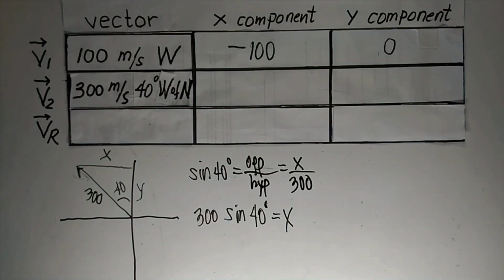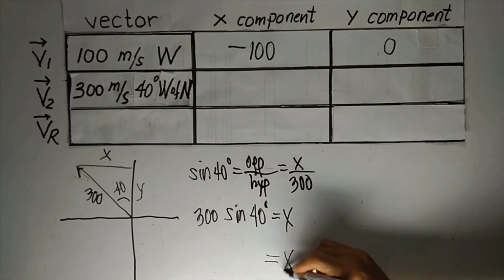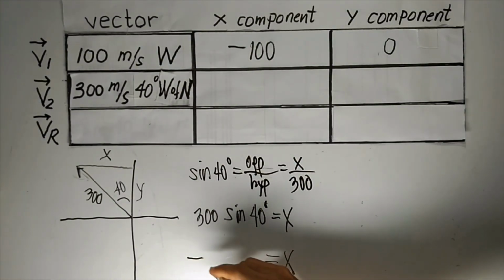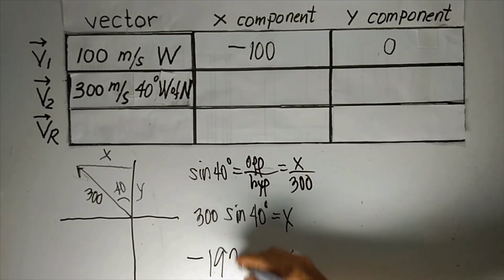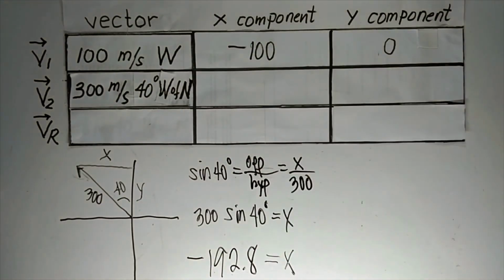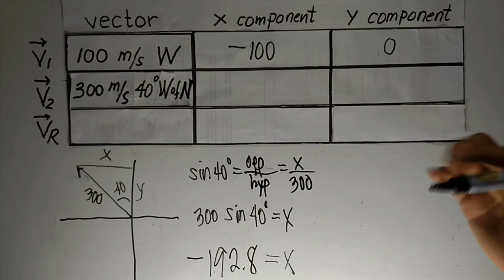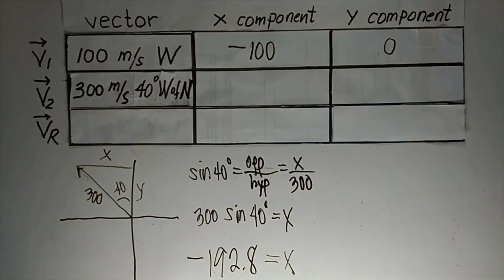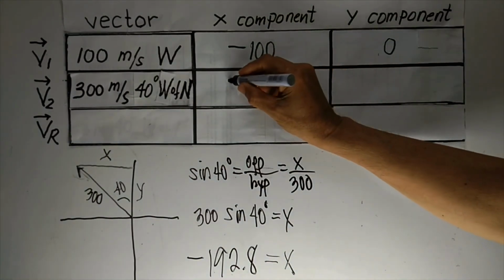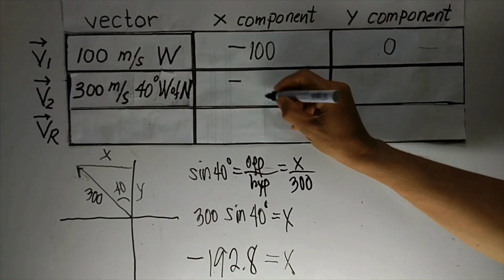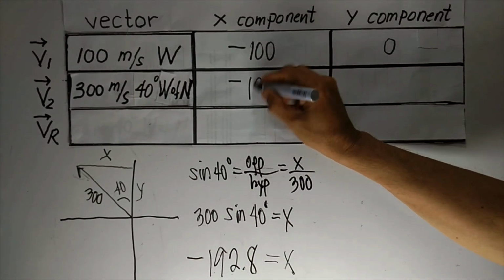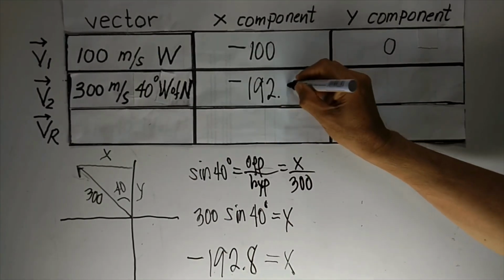Using your calculator, 300 times sine 40 degrees will give us a value of negative 192.8. Negative because it is going to the left. So the x component will be negative 192.8.